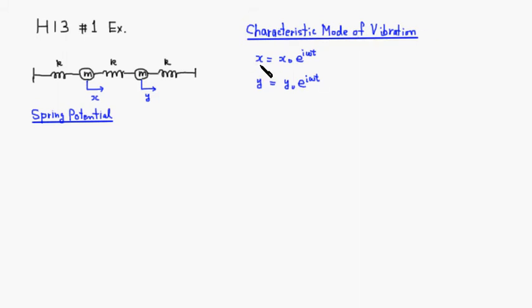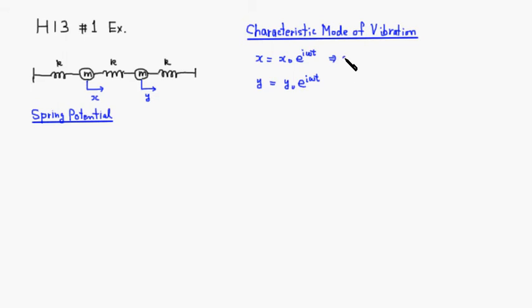So we can let x be x0 e to the iwt, and y equals y0 e to the iwt. Right? So x and y have the same frequency. By taking a second derivative with respect to time, we can get this.